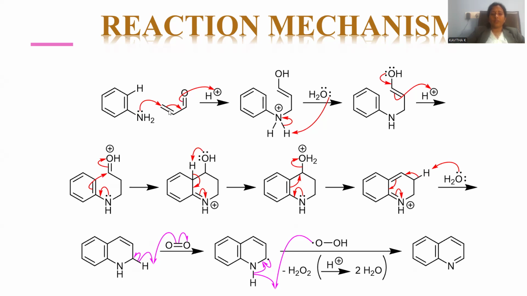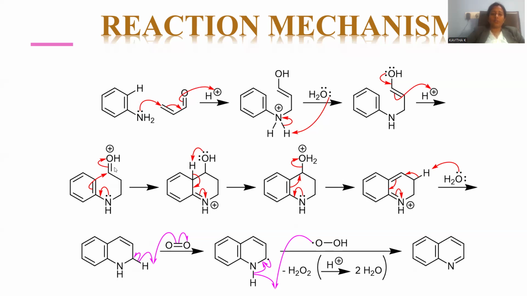The lone pair of electrons binds over this olefinic double-bonded carbon atom, and the pi bond moves towards the carbon atom, and this pi bond moves toward the oxygen, and that will be protonated, so that there is a new nitrogen to carbon bond formation, and that will proceed for deprotonation, and this enolic form will further bond with this proton, and so these electrons move over there, giving rise to a double bond.